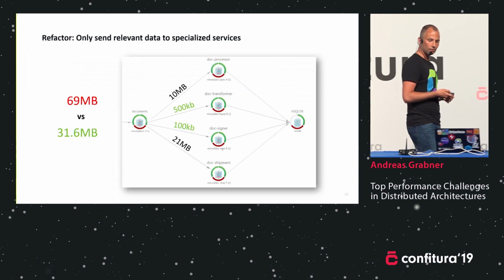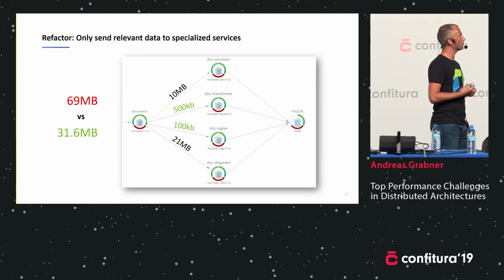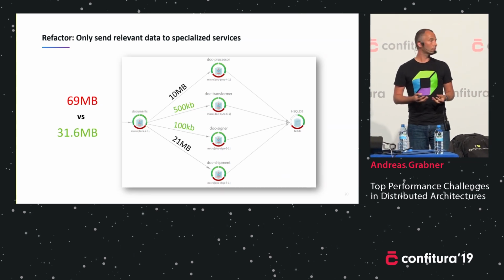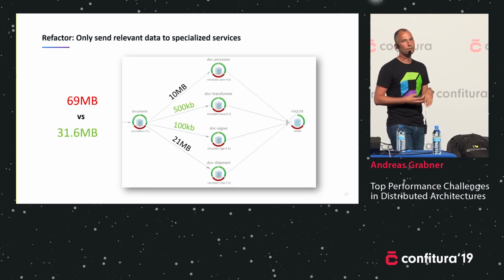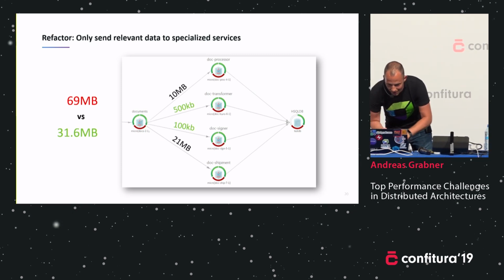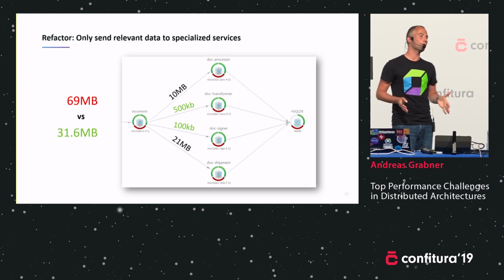Now what they did, they reduced the total transfer size from 69 megabytes to 31 by breaking up the processing chain, loading the initial document, and then sending only those pieces to, let's say, the encryption, what does it say here? The transformer, the signer, and the shipment, and the initial doc processor. So breaking up the logic.